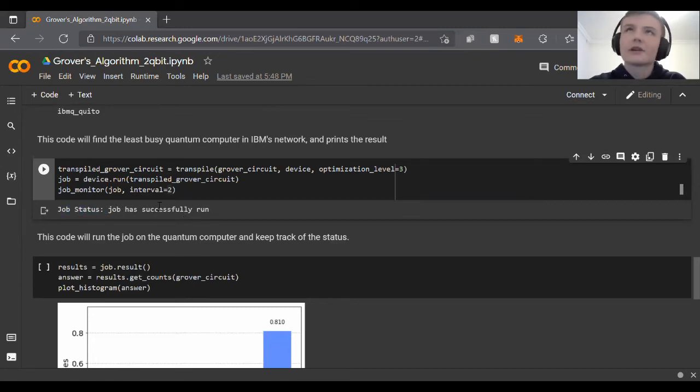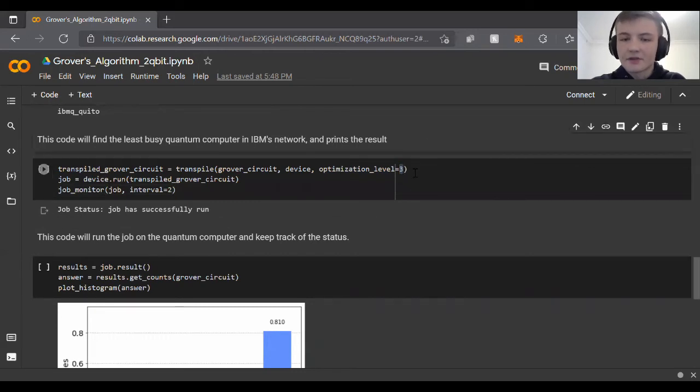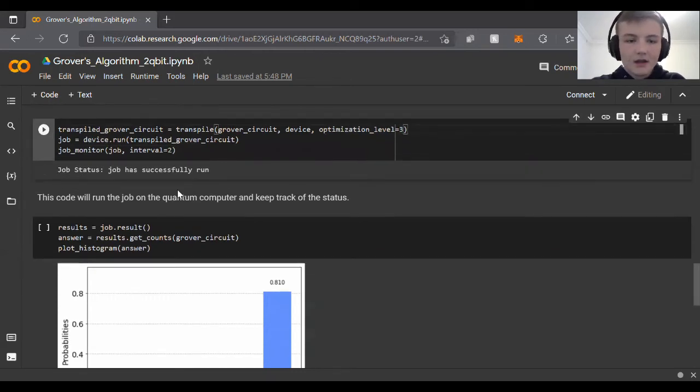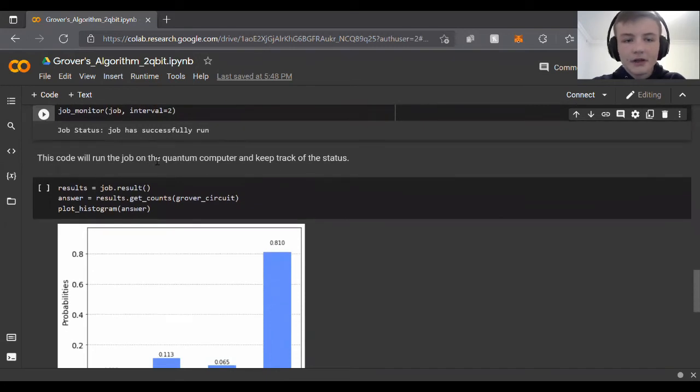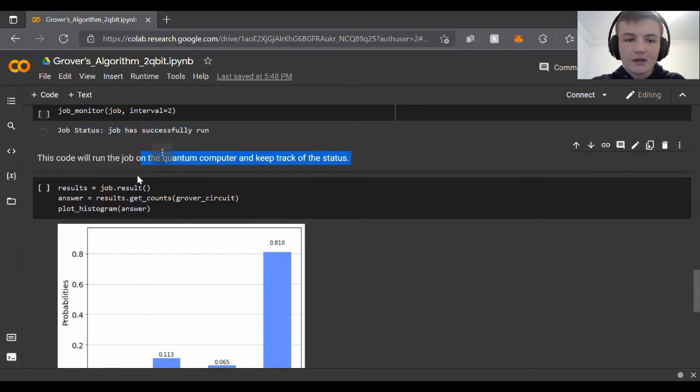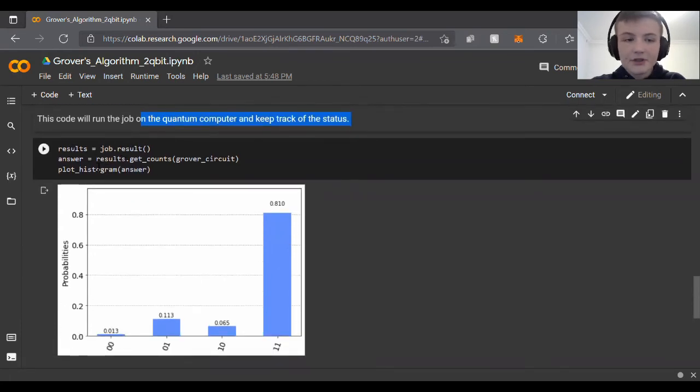This will look like something waiting in line, or running a job on a quantum computer. I think this total code took me 10-15 minutes to run, so not too bad. Again, as you set this optimization level higher, it will take slightly longer to run. This code will run the job on the quantum computer and keep track of the status. We'll see it here. We get the results from this job.